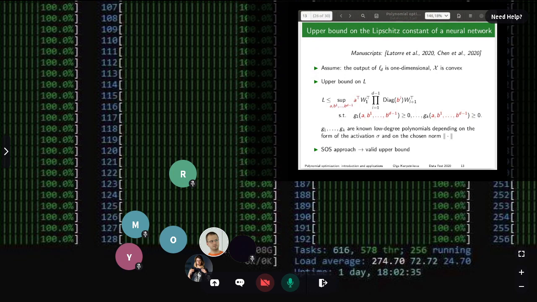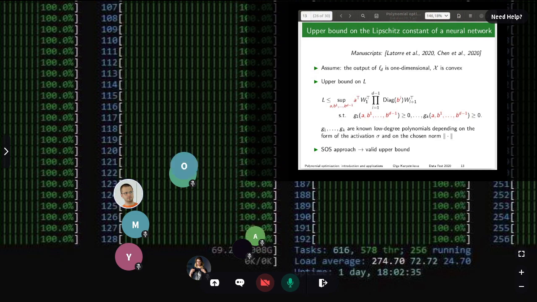Have you seen the question about Lipschitz norms? No, unfortunately, I do not see it. So the question, if I remember correctly, was: do you consider other norms other than Lipschitz norms? Something like that. Well, that would be good to see.